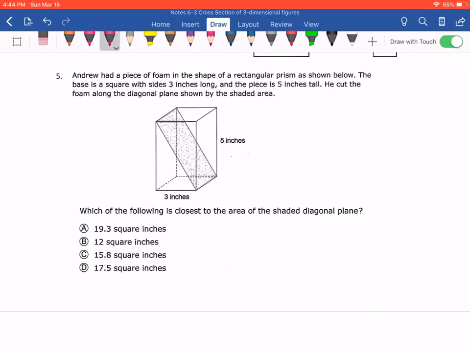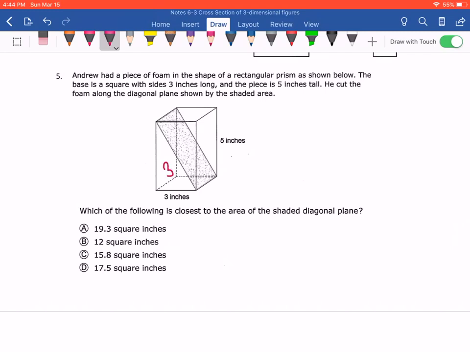Lastly, let's look at number five. Andrew has a piece of foam in the shape of a rectangular prism as shown below. The base is a square with sides 3 inches long and the piece is 5 inches tall. He cut the foam along the diagonal plane shown by the shaded area. Which of the following is closest to the area of the shaded diagonal plane? All right, so considering this figure right here, what we want to be mindful of is that the base of this figure is in fact a square.